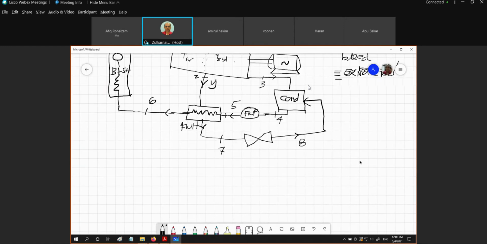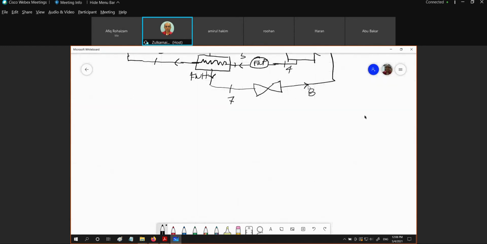So if we look at the TS diagram, okay. So how many pressures are we going to sketch?